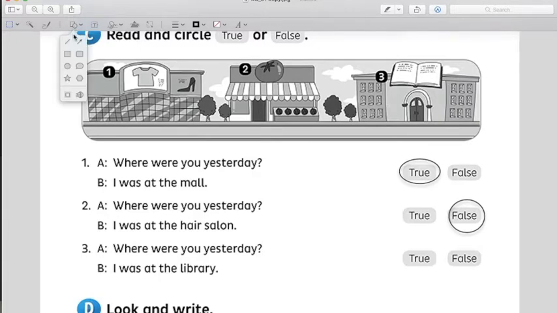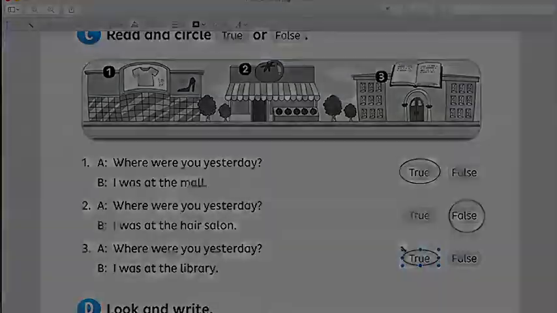Let's go ahead and circle true because it was a library. All right. So true. Great job, guys. So you should be able to know what is true and what is false. So one is correct, one is not correct. So true and false. So let's move on to letter D.